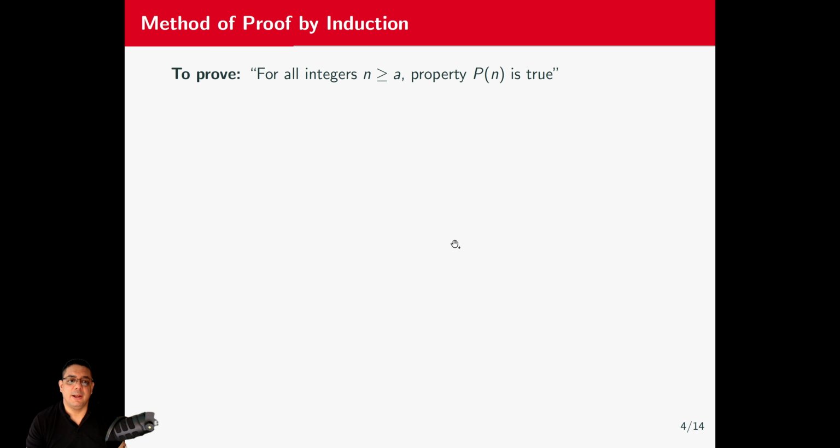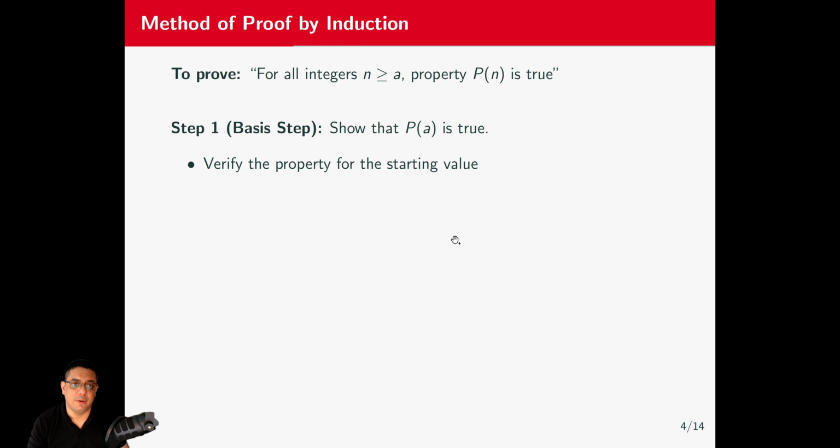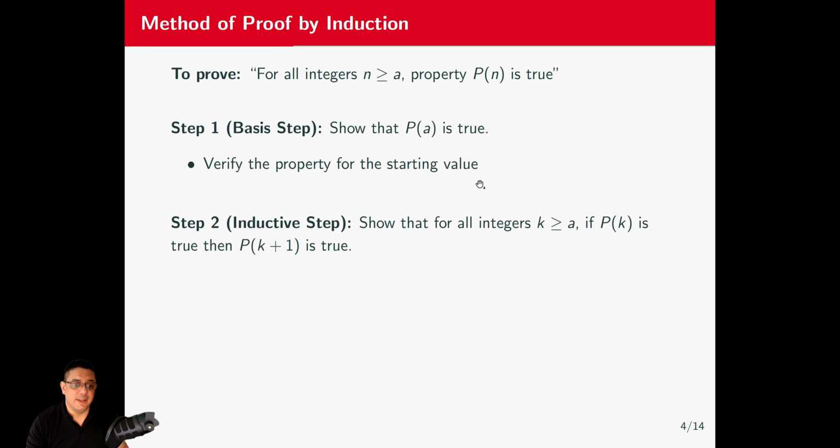Now, in general, the method of proof by induction goes from the basic step that verifies the property at the starting point. Then it goes to the inductive step that proves that for all integers k bigger than that initial point, if P of k is true, then P of k plus 1 is going to be true.